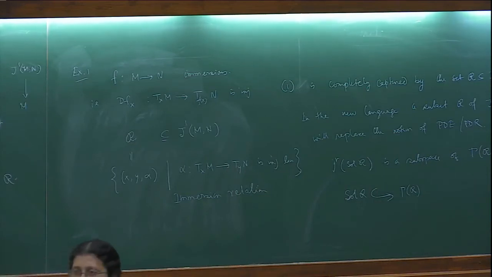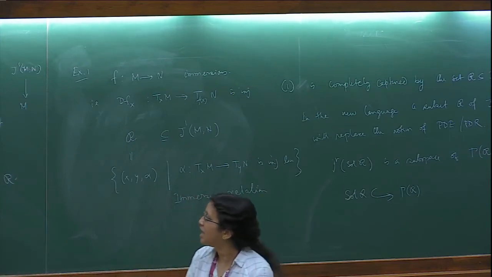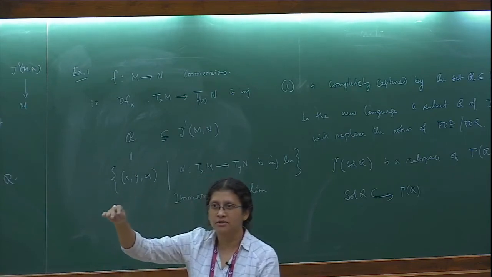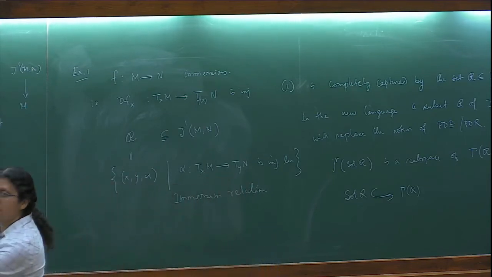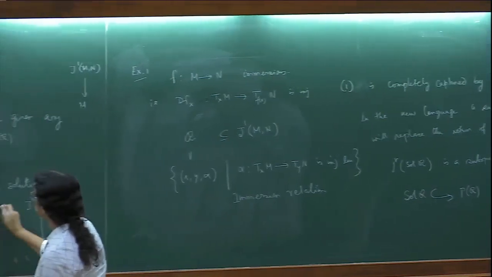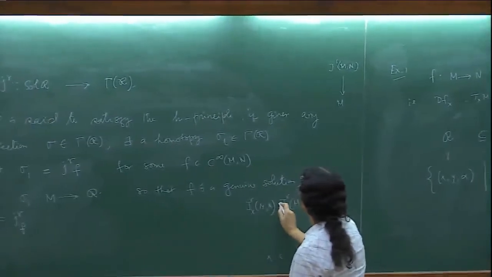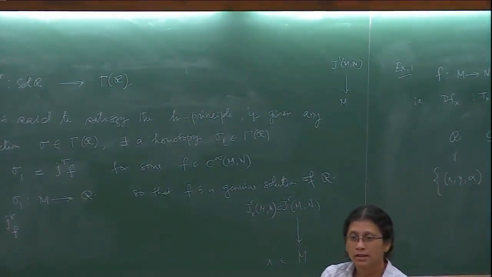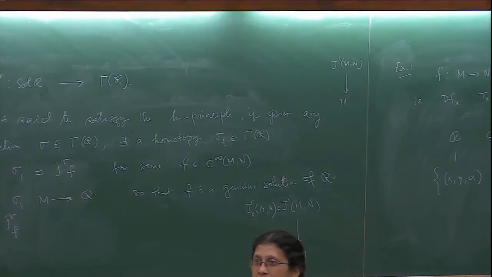Not only that, I have to assume that it has intersection over each of the fibers, right? Otherwise, there is no possibility of getting a global solution. Okay, let's see. So this is your J R M N, and over M, you take the fiber. R is a subset, right?